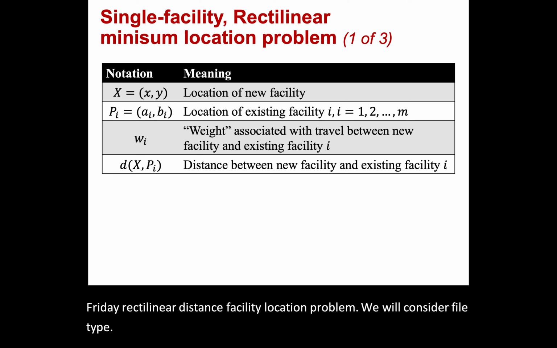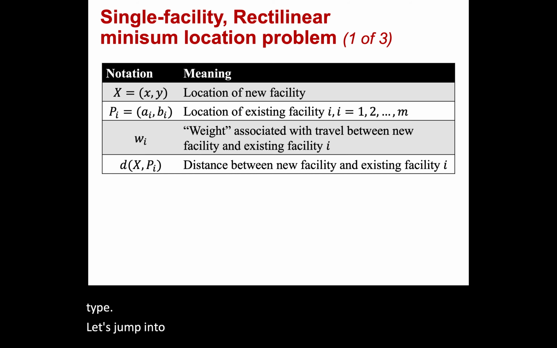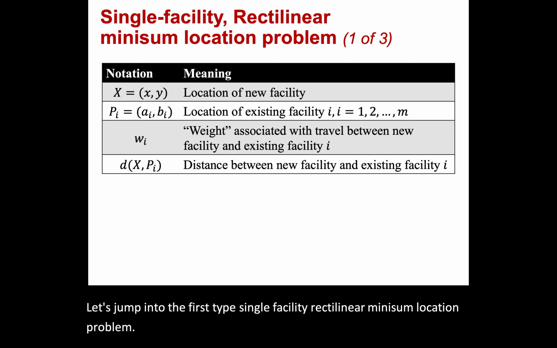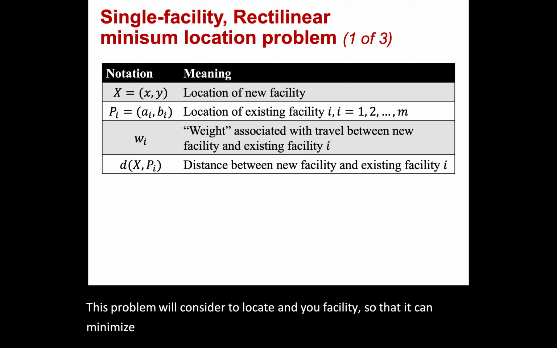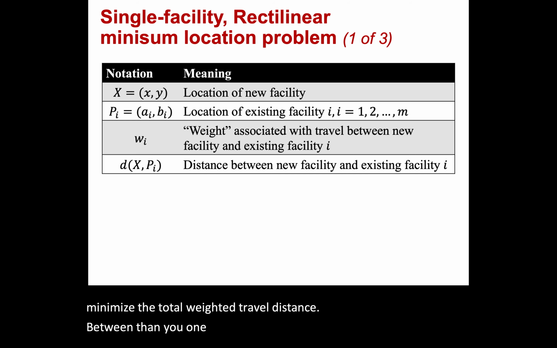Let's jump to the first type, single facility rectilinear minisum location problem. So this problem will consider locating a new facility so that it can minimize the total weighted travel distance between the new facility and existing facilities.